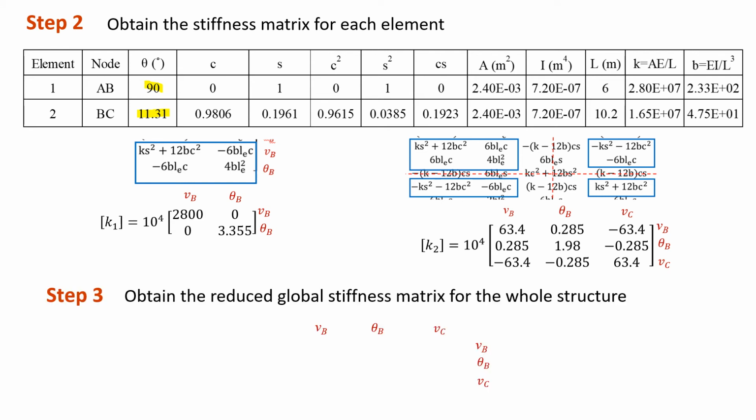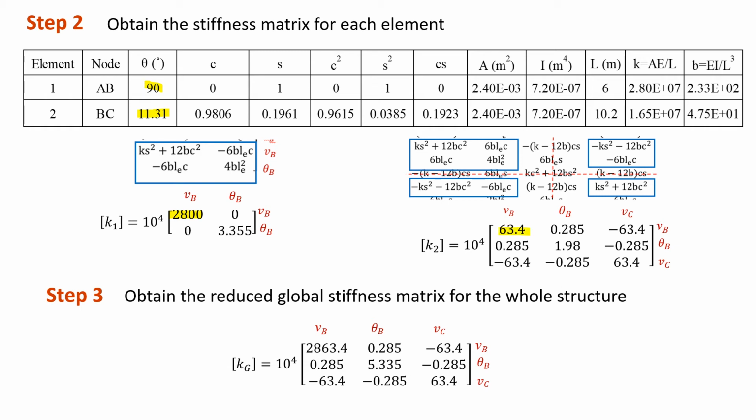Next, we just need to obtain the global stiffness matrix. In this case, by combining the matrices K1 and K2 according to their positions, we can obtain our K global matrix. For example, the first term here, VB and VB, is 2800, and from the second element we also have VB and VB, which is 63.4.